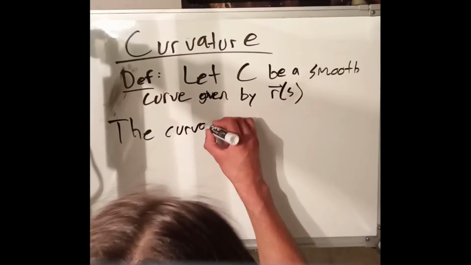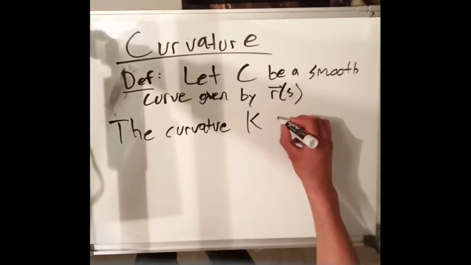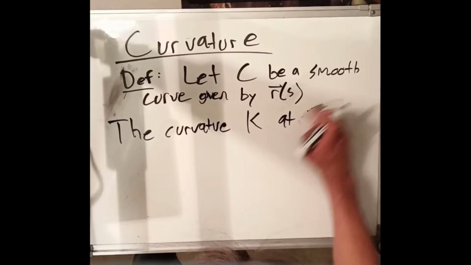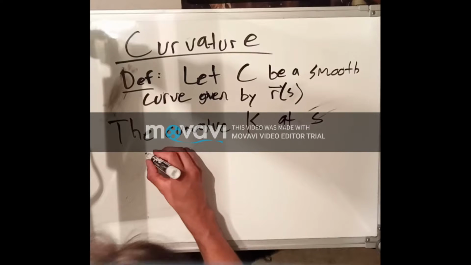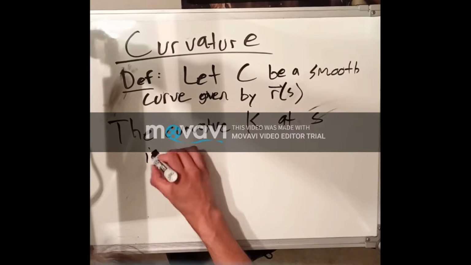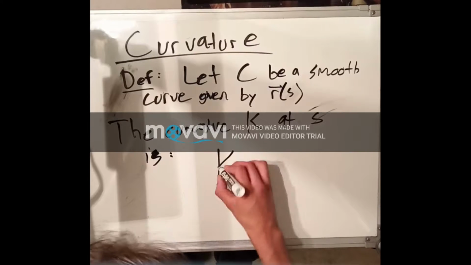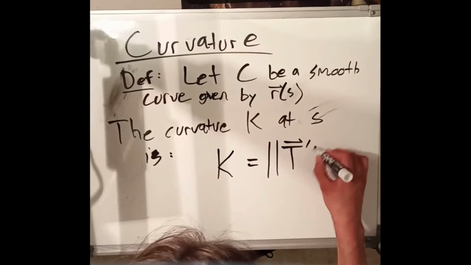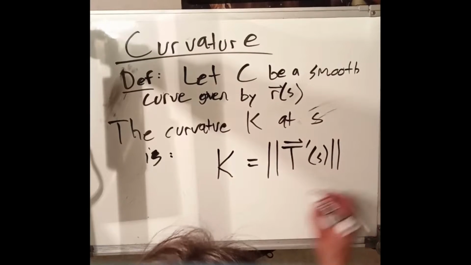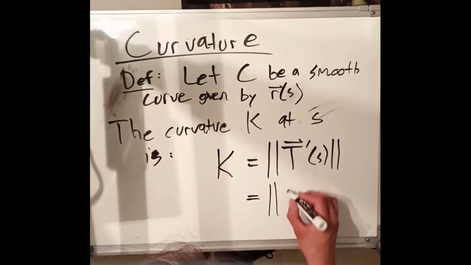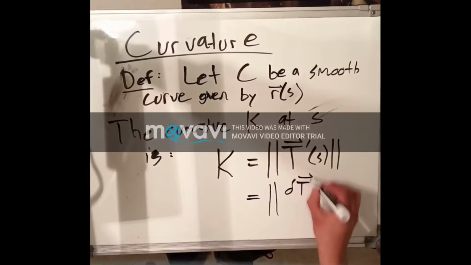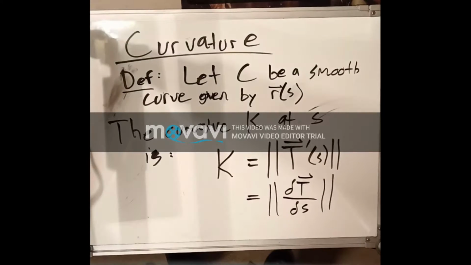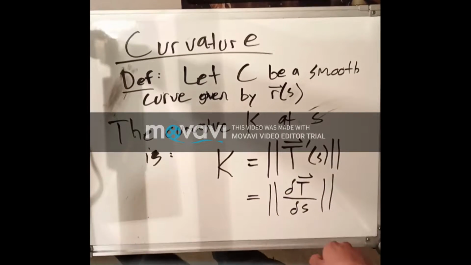The curvature k at the point s is given by the equation that is the normalization of the tangent vector with respect to the arc length parameter, which is also given by the same function in a little bit different notation. Everything needs to be written in terms of the arc length parameter for this to work.